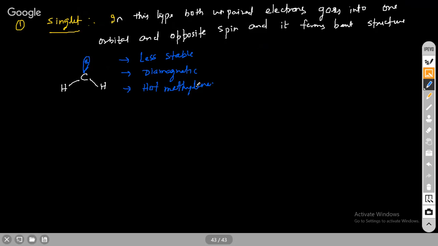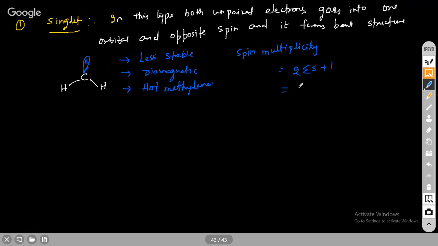Okay. Now, if you calculate the spin multiplicity of it, the formula is 2 summation s plus 1.